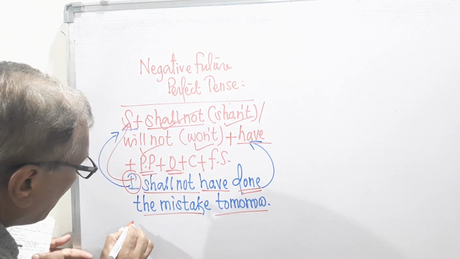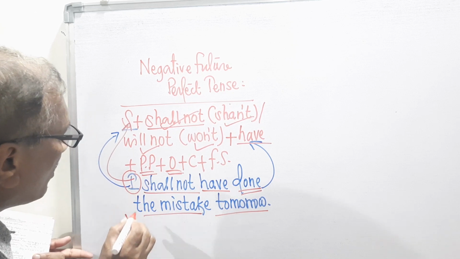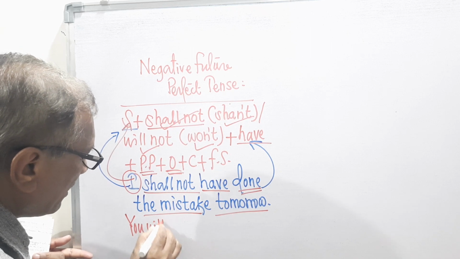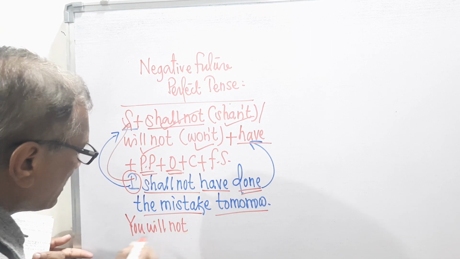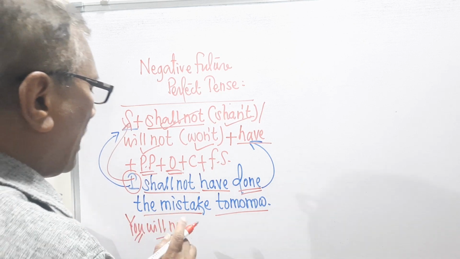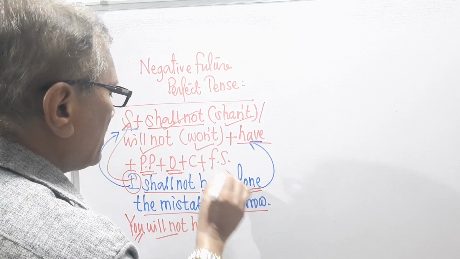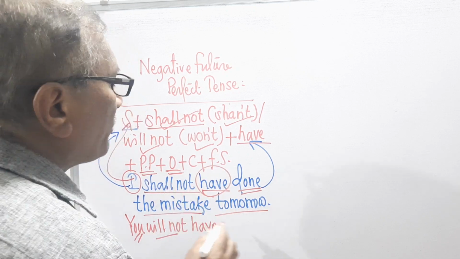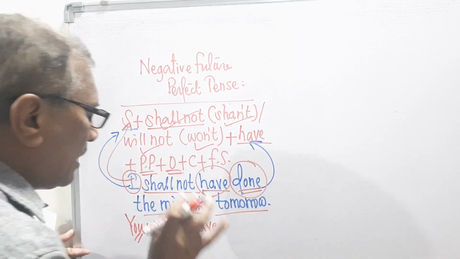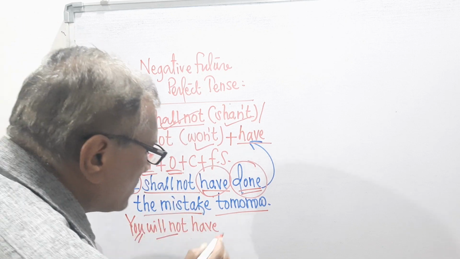So we can make one sentence, you shall not, we will say will not, because the subject is you. You will not have, because here is the have. Then this is the PP, I will also take one PP. You will not have said.